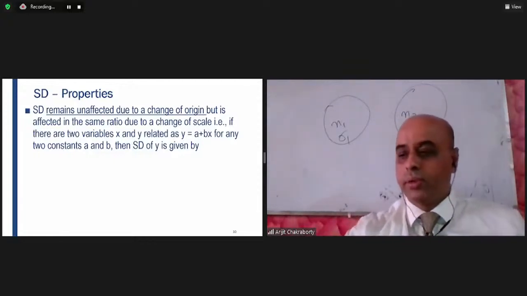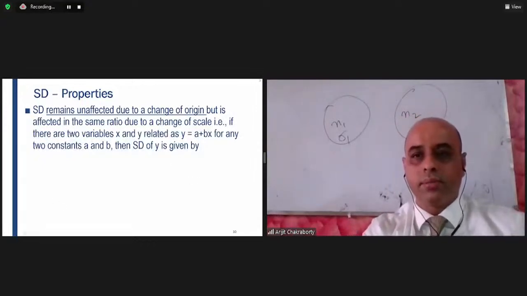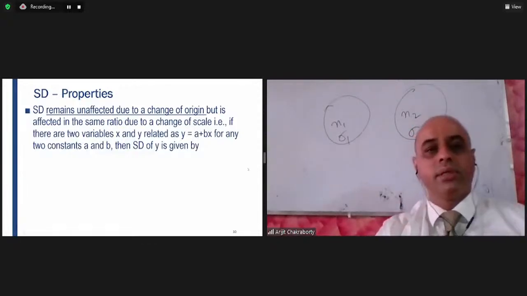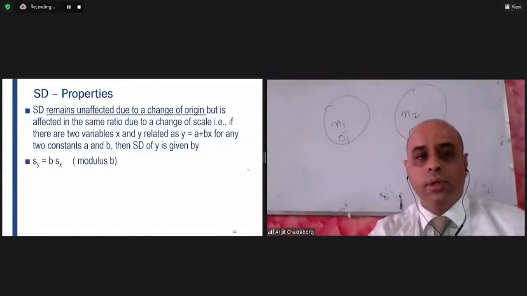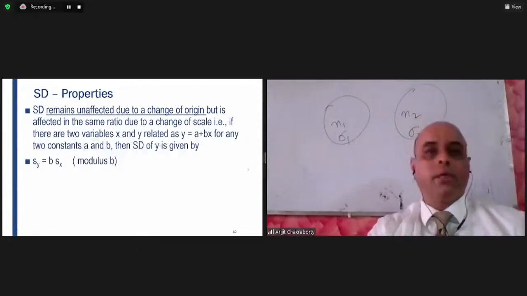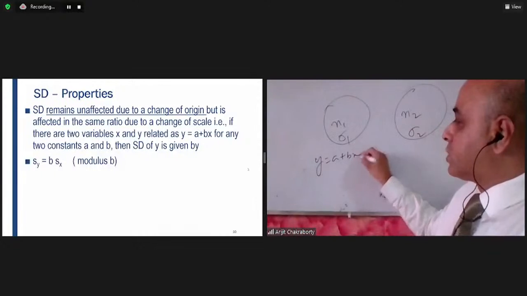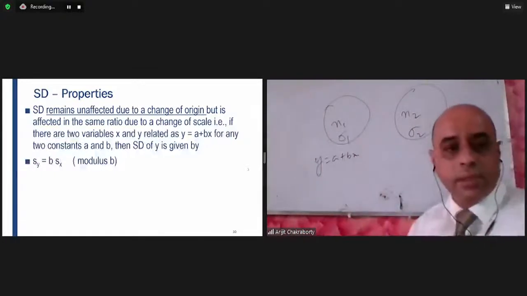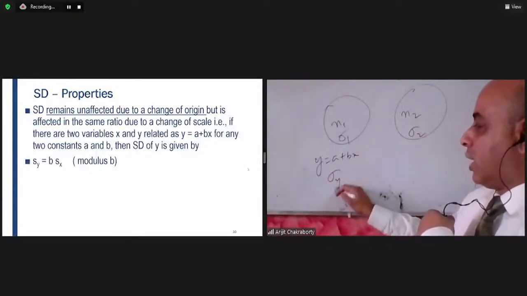Before that, just a quick look at the properties. Please note that this is a very important property for your exams. SD remains unaffected due to a change of origin, but is affected in the same ratio due to a change in scale. So in case you get a problem, y equal to a plus bx, if you know that the standard deviation of x is sigma x, then you can find the standard deviation of y.